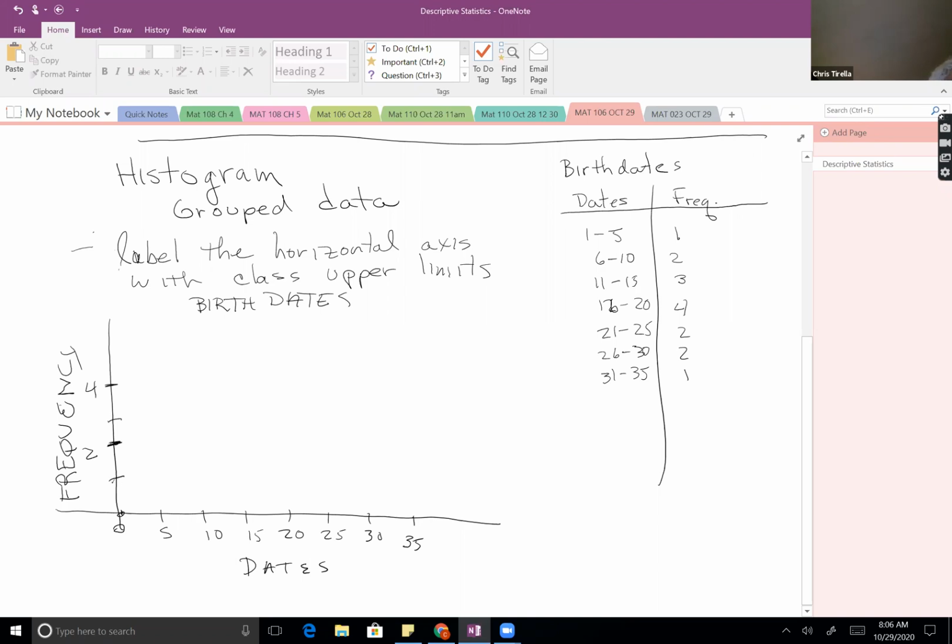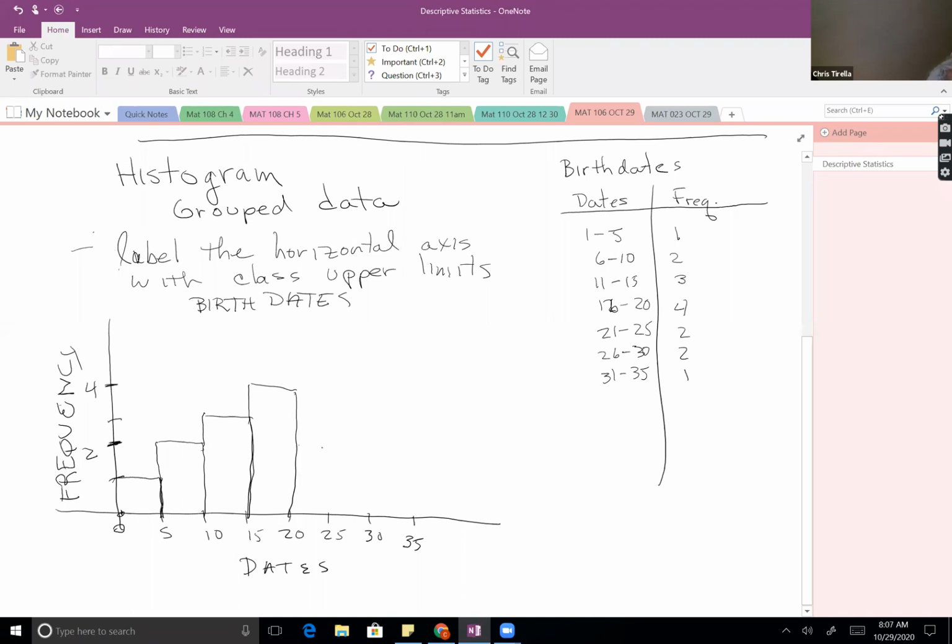And so there was one person between 0 and 5. So in that region, I'll have a bar of height 1. 2 people, 6 to 10. 3 people, 11 to 15. 4 people, 16 to 20.